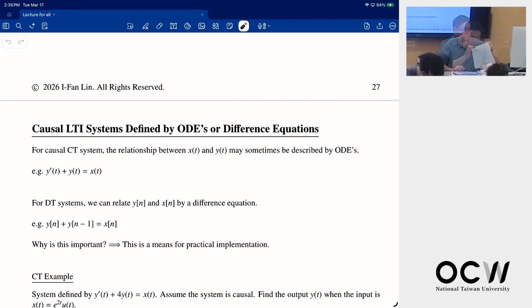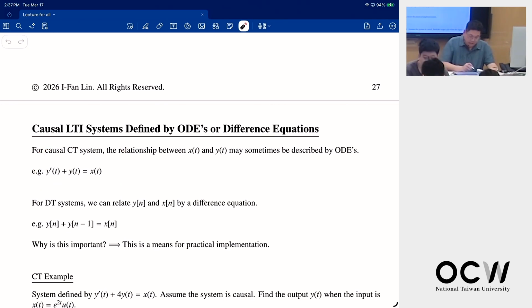First, for the causal continuous time system, what does causal mean? If a system is causal, the output only depends on the current input and also the past. So the relationship between x and y, we can use the ODE to express that. For example, like this. This is the causal continuous time LTI system.